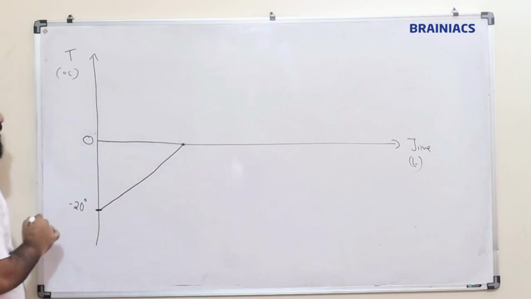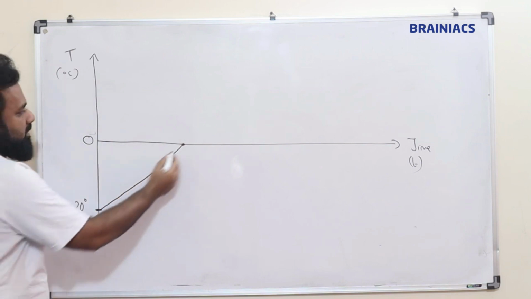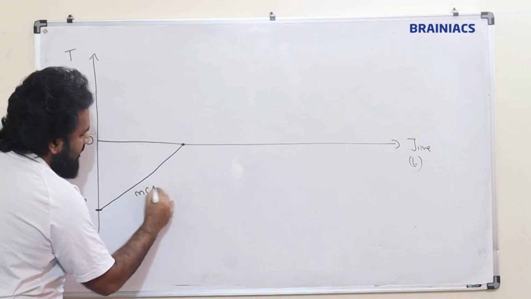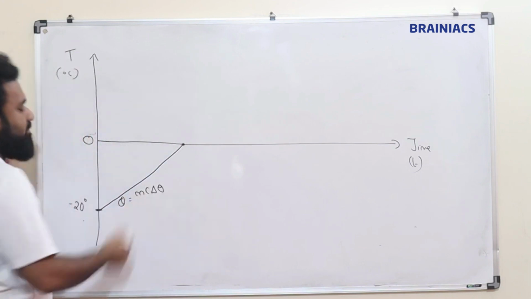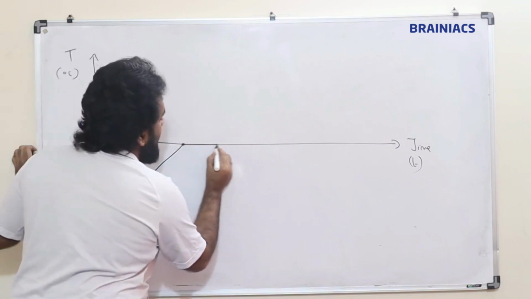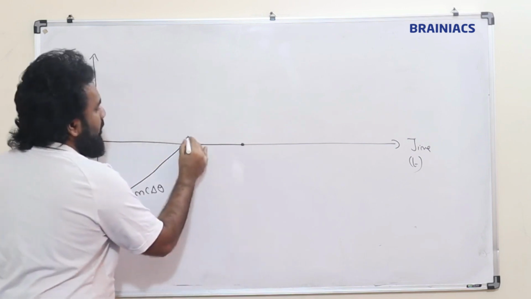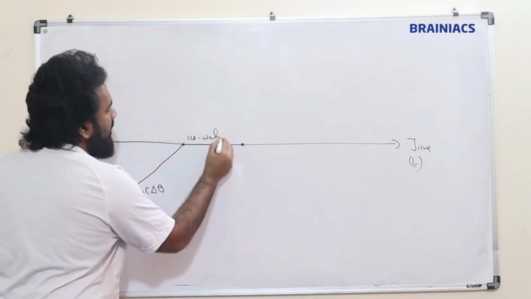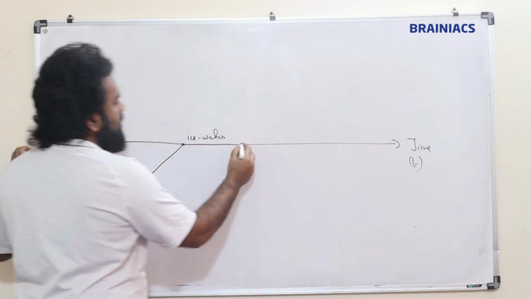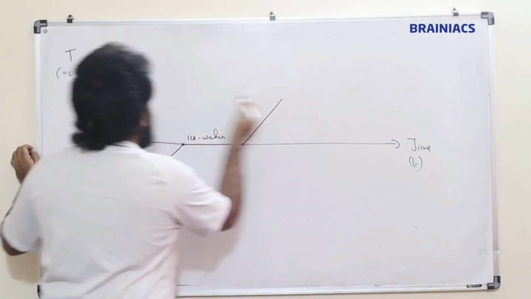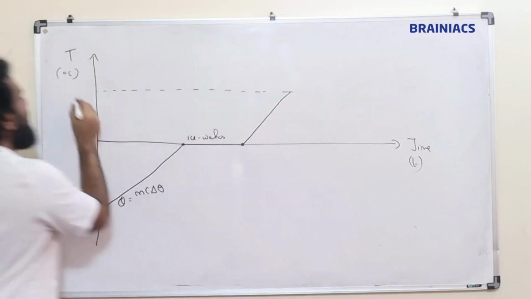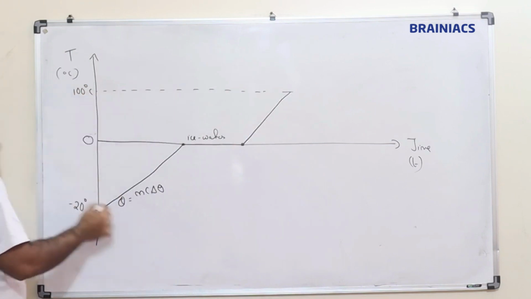This is the slope. This is at minus 20 degrees Celsius, now this is at 0 degrees Celsius. In this situation, Q will be mc delta theta, as there is change in temperature. Then for some time, this is going to be an ice-water mix.